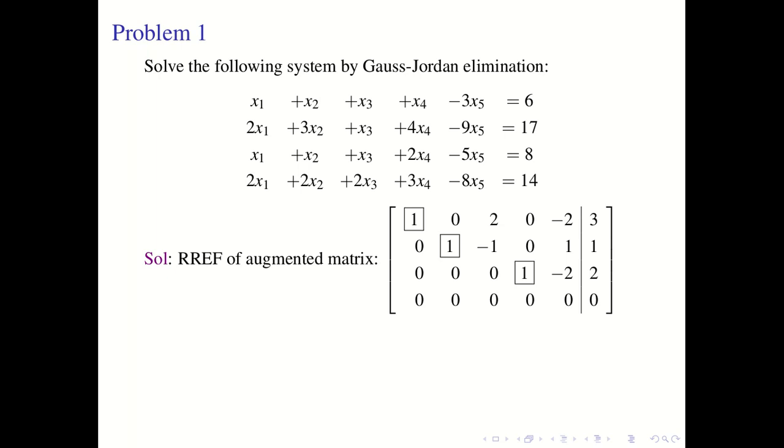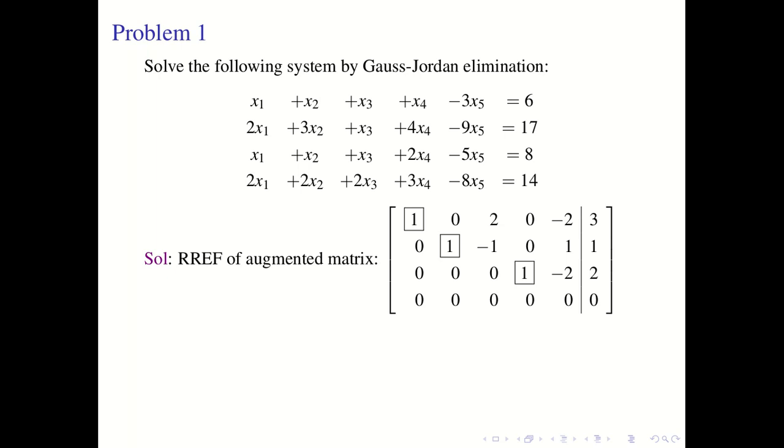So once you reduce it to row reduced echelon form, the matrix that you get is the matrix with rows 1 0 2 0 minus 2 3, 0 1 minus 1 0 1 1, 0 0 0 1 minus 2 2, and all zeros in the last row.